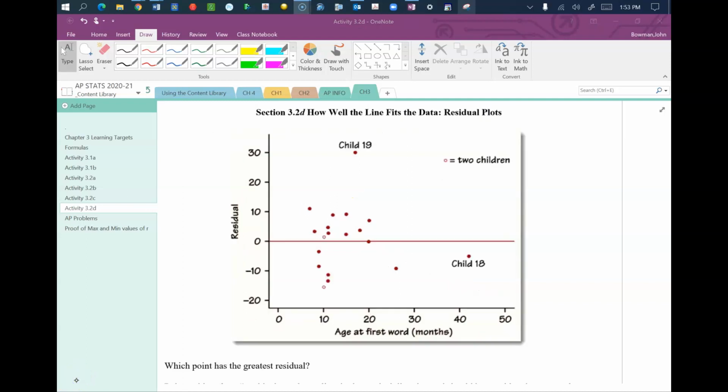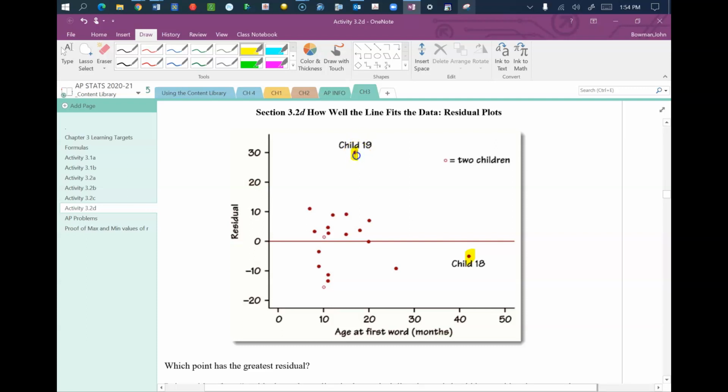What you're looking at here is a residual plot for the age at first word and the Gesell adaptive score data. And what you can see here is that child 18 has a pretty low in magnitude residual. In other words, that point falls close to the line of best fit.